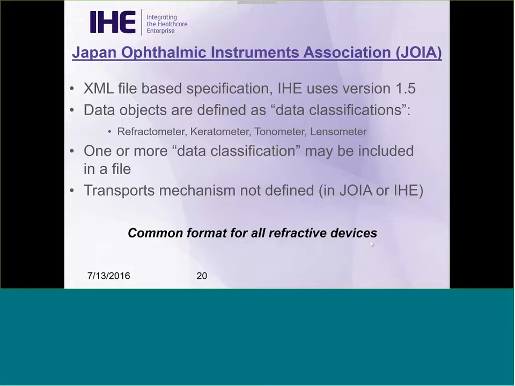Now, one thing that's important to understand is the transport mechanism is not defined in Joya. We all know that these refractive devices have many different ways that you as an EHR get this data. Sometimes you get this data with files, sometimes with FTP, sometimes over a TCP network, sometimes in RS-232. There's all sorts of ways. We debated that, and we basically decided to not define that mechanism for IHE either.